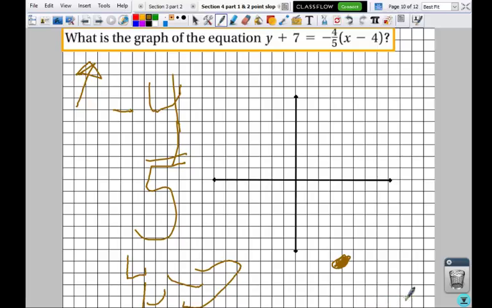No, too far. One left. Right there. Good enough, Ruben. All right, let's just connect your dots.